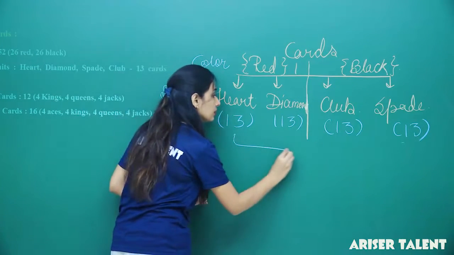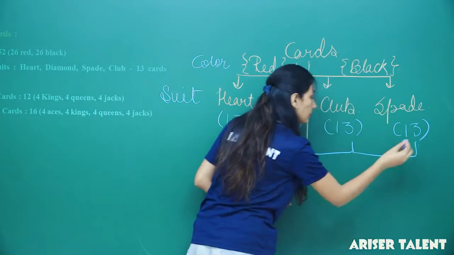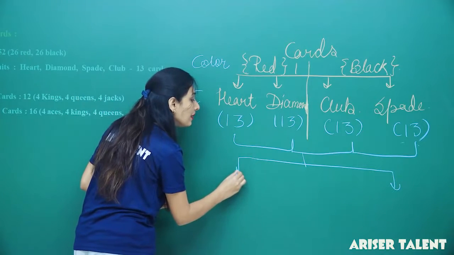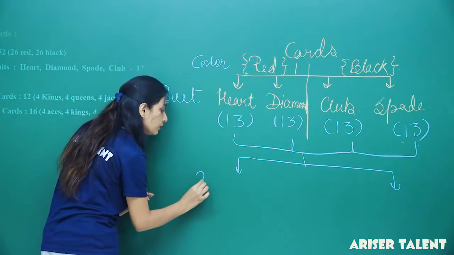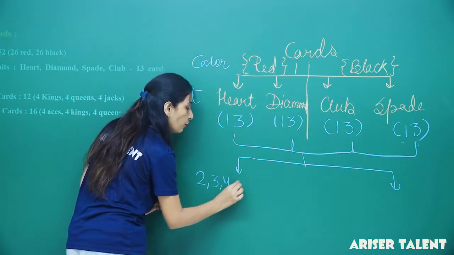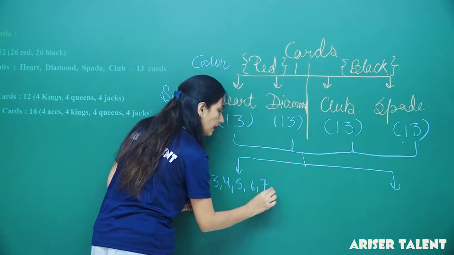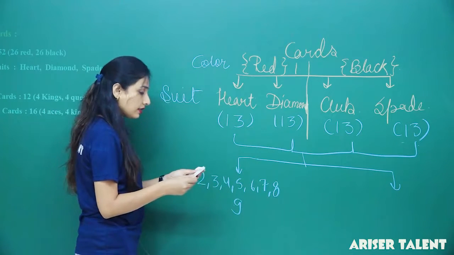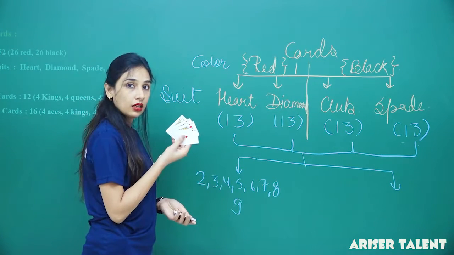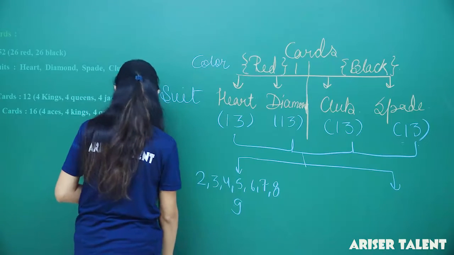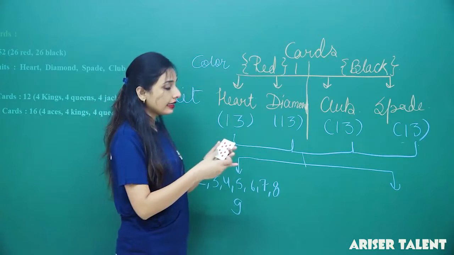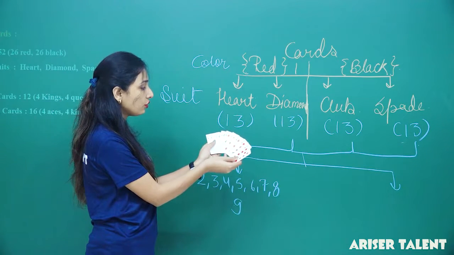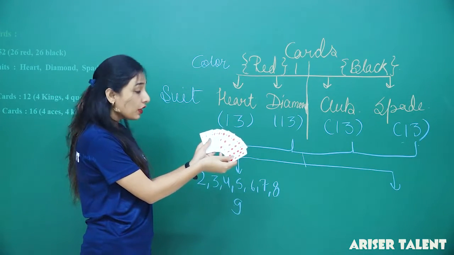In these suits, there are the number cards, from 2, 3, 4, 5, 6, 7, 8 and 9. If I remove the 4 honor cards, then I'm left with 10, 9, 8, 7, 6, 5, 4, 3 and 2. These are number cards.